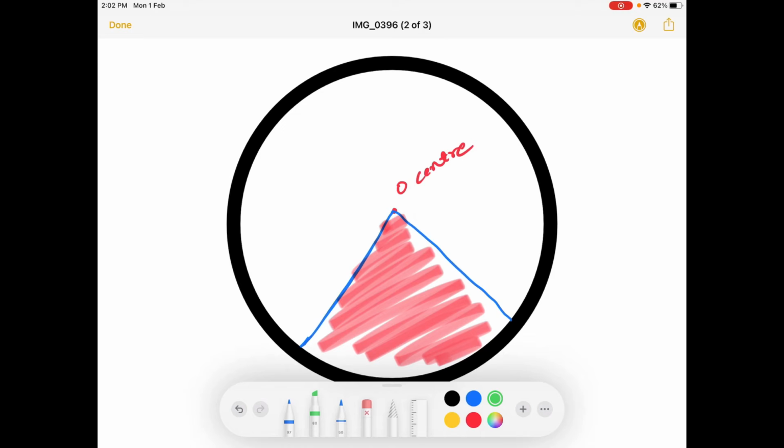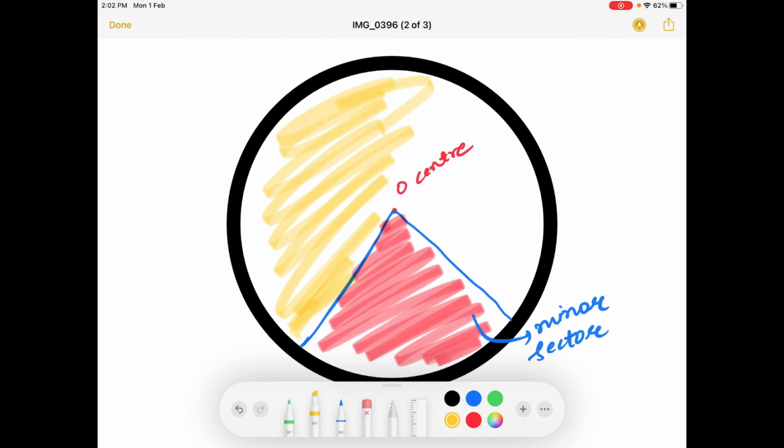Now you can say that this will be our minor sector, as you can see that this sector is smaller in size than the bigger sector, because this is the bigger sector. This left portion of the circle is bigger in size, so this will be called the major sector.